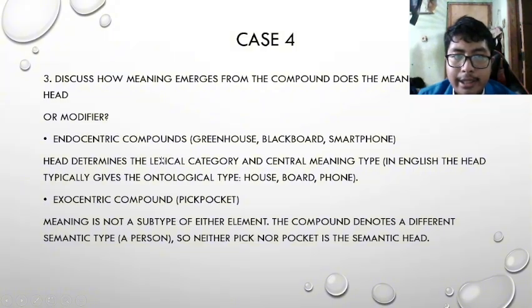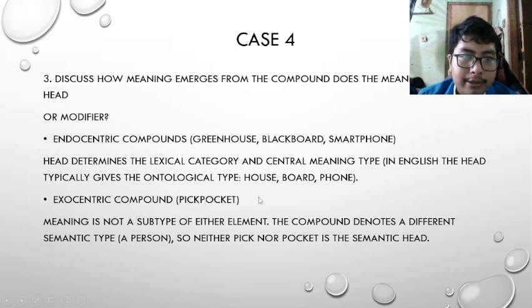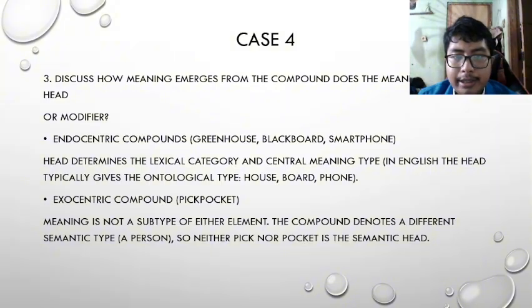In English, the head typically gives an ontological type: house, board, and phone. Exocentric compound, pickpocket. Meaning is not a subtype of either element. The compound denotes a different semantic type, a person. So neither pick nor pocket is the semantic head.